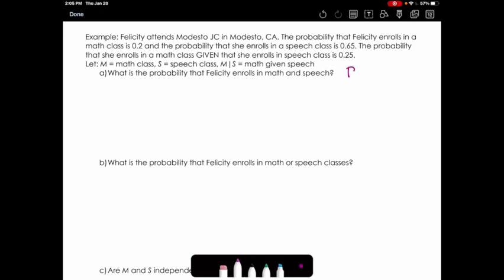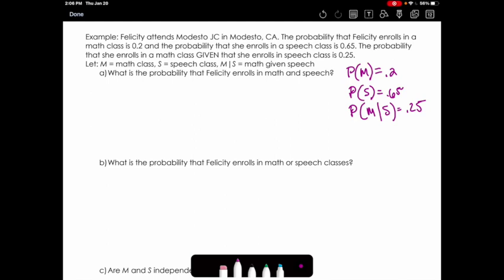So let's write down the probabilities that were given to us. The probability of her taking a math class was given as 0.2. The probability that she took a speech class was 0.65. And then the probability that she took a math class, given that she already signed up for a speech class, was 0.25.